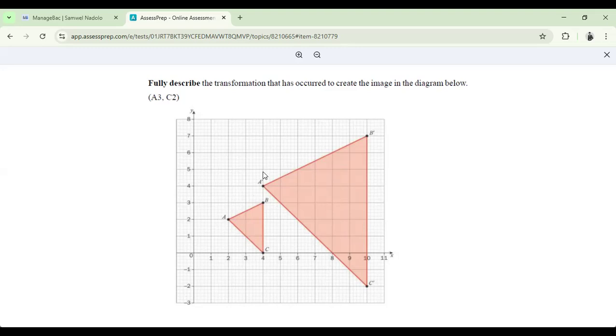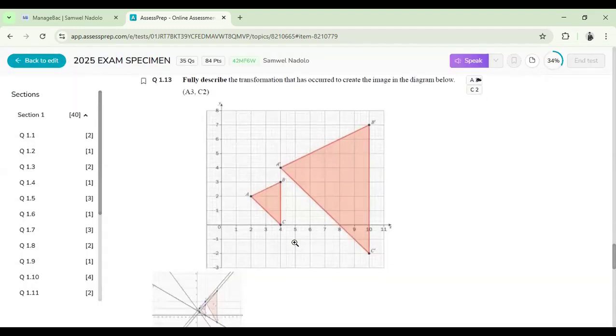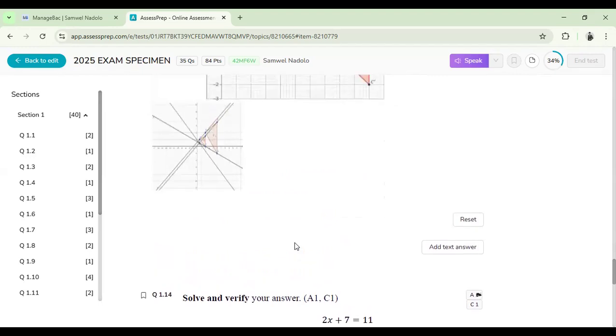So if this is A, this will be A prime. If this is B, this will be B prime. If this is C, this will be C prime. So how do we move from the small object to this object? It is what we call enlargement. It has been enlarged.